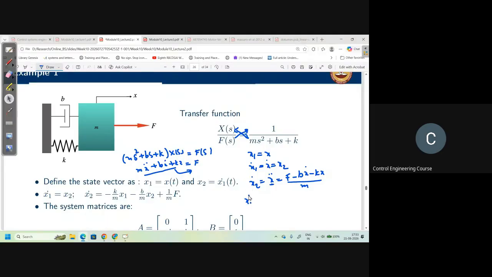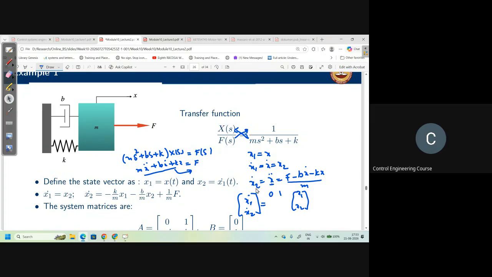Now the state space form will be x1 dot, x2 dot is equal to, this is x1 and this is x2, and x1 dot is equal to x2, right? So this will be 0 and this is 1, that means 0 into x1, 1 into x2.